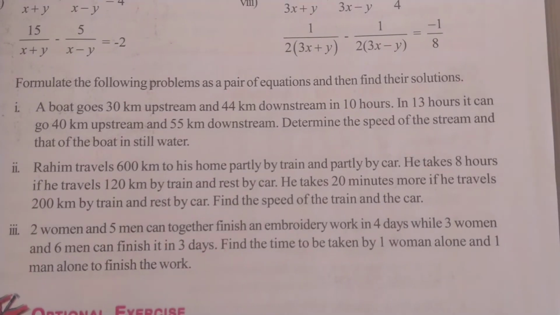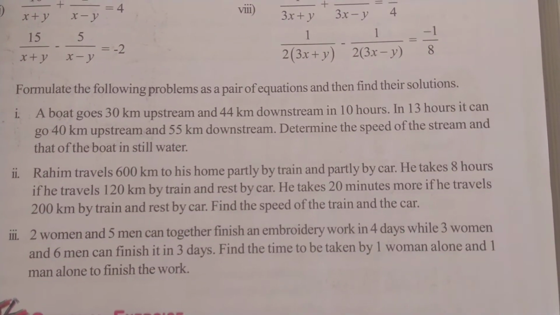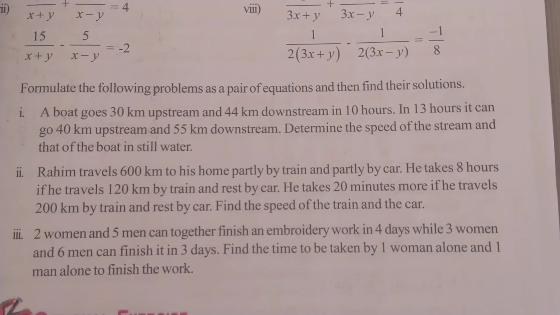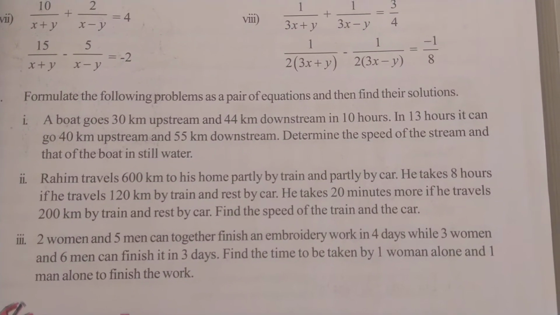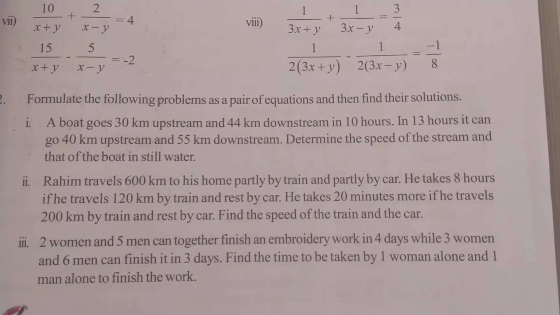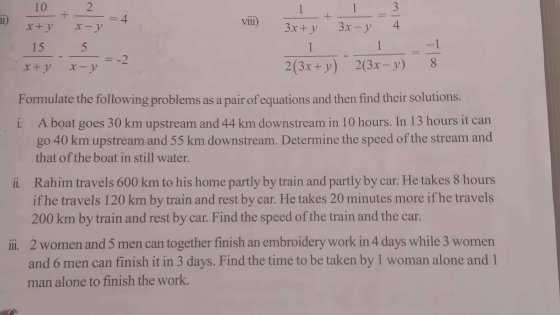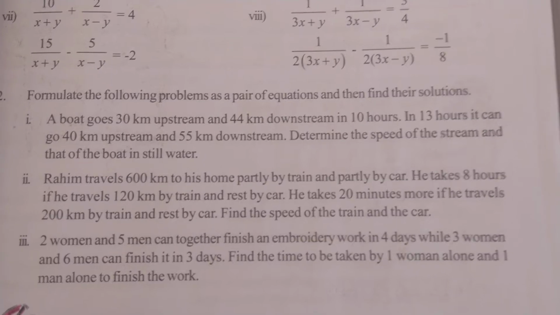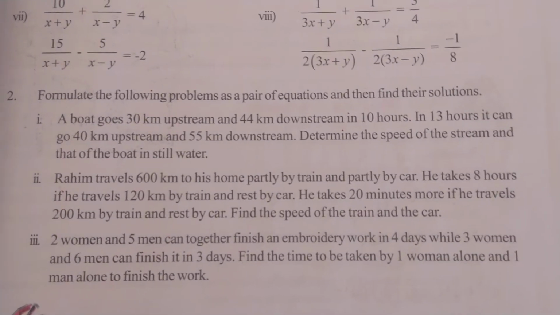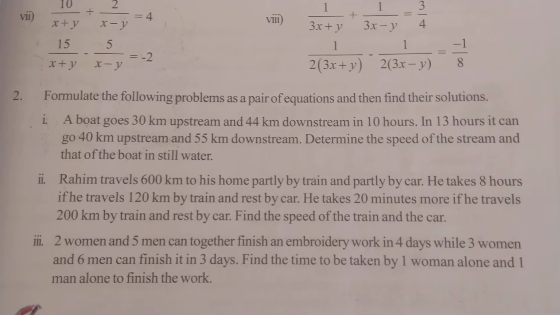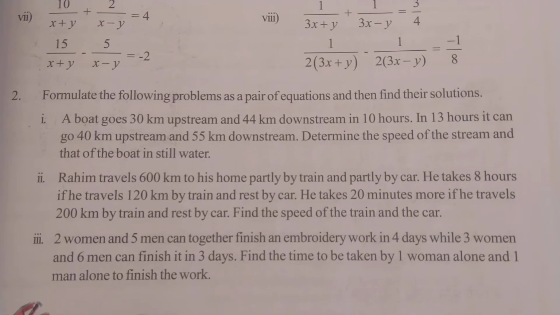The conditions are given here and it takes 10 hours. Now the other way around, suppose 40 kilometer upstream and 55 kilometer downstream take 13 hours. Now determine the speed of the stream and that of the boat in still water, that is the actual speed of the boat, not the resultant speed in the up and down streams.